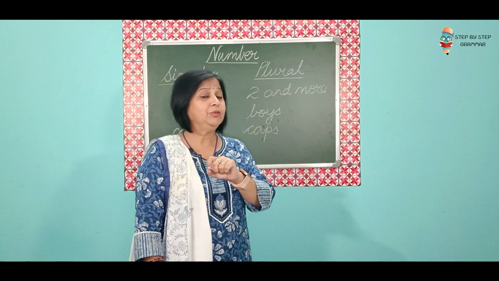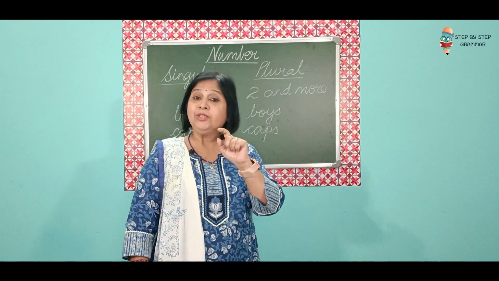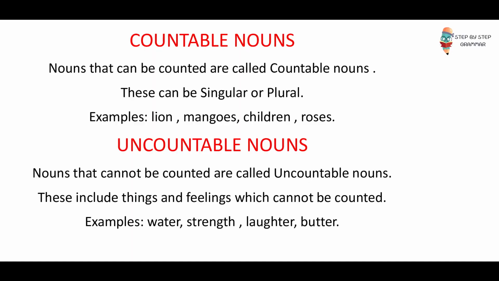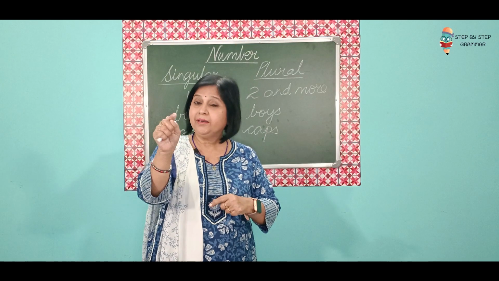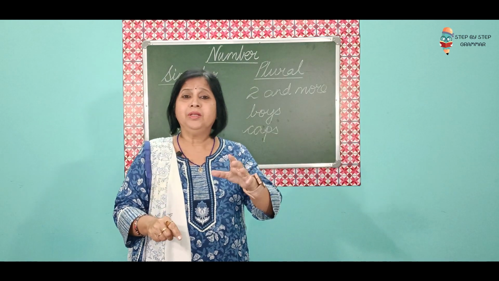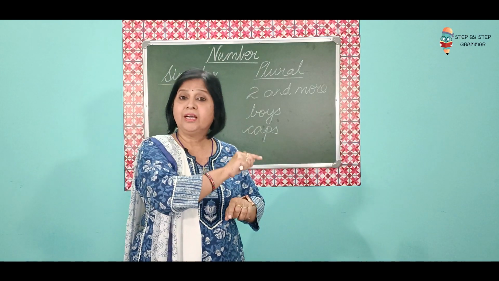And one thing that you need to remember is that singular nouns are only for countable nouns. And countable nouns are those nouns to which we can give numbers. We can count them: 1, 2, 3, 100, lakh, 2 lakh, million. These ways we can count them.